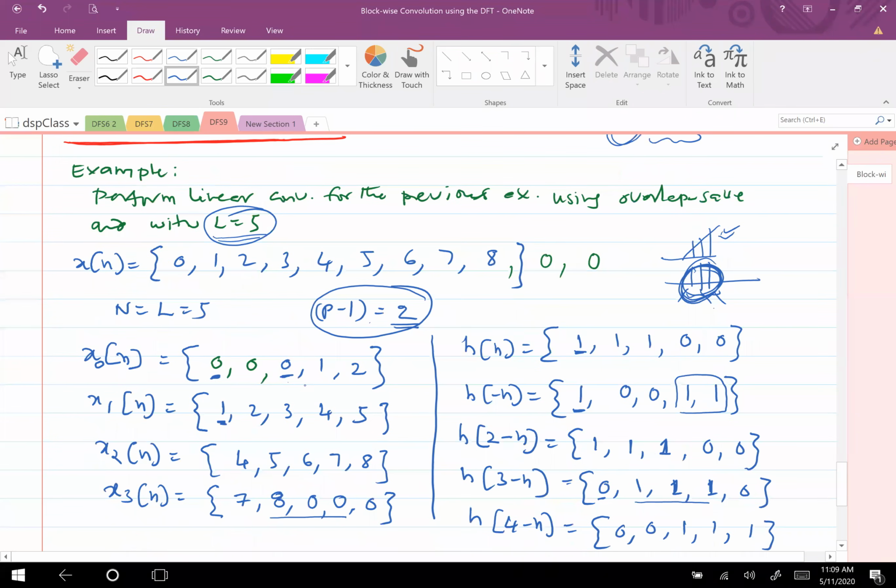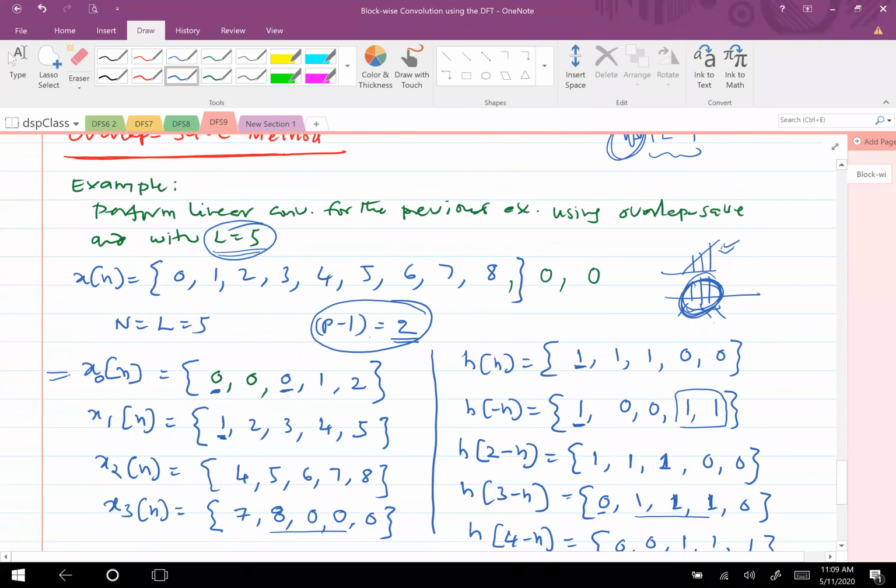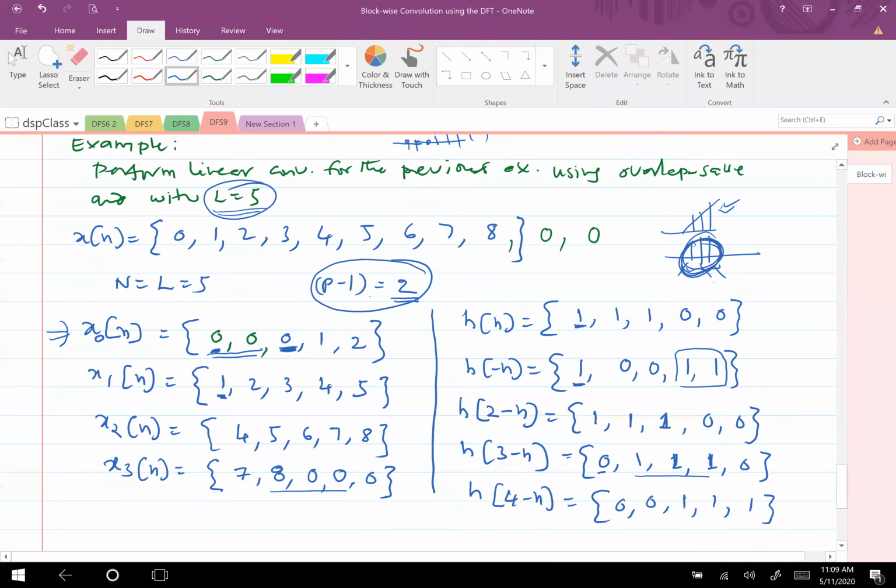Since you have to pay attention to x0 of n while taking the overlap, if your signal is something like 0, 1, 2, 3, 4, you can consider the values on this side as zeros. That's perfectly fine. So you start by appending that many zeros just for the first element. That's why we took these two, and that's how you construct your sequences.